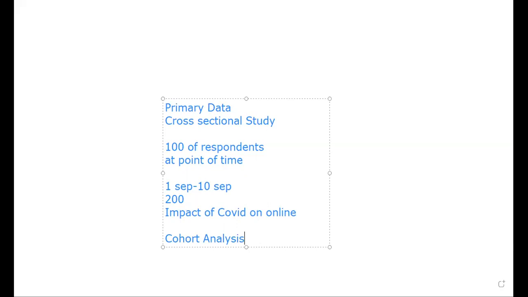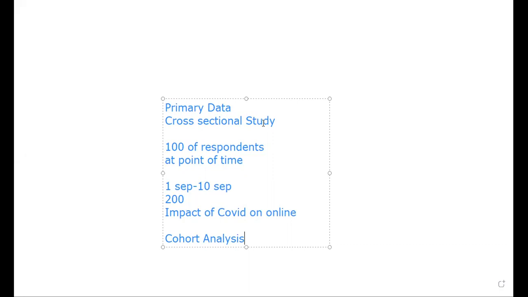A specific type of cross-sectional analysis is a cohort analysis, which tracks an aggregate of individuals who experience the same event within the same interval of time. This analysis is useful for the long-term prospects of product demand.